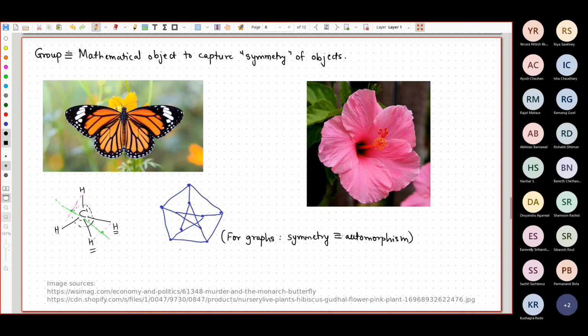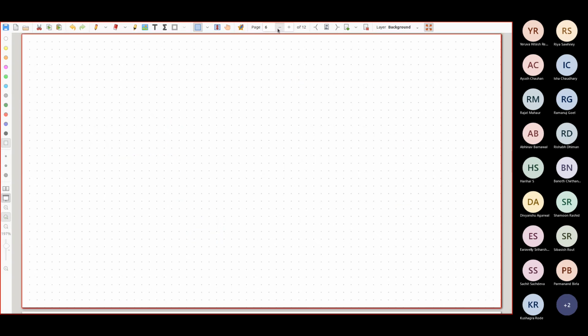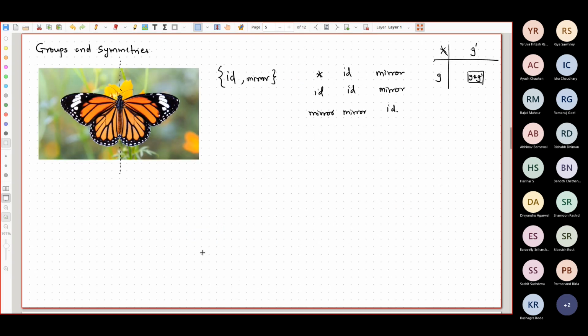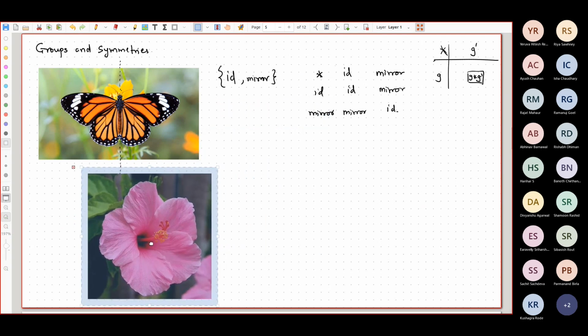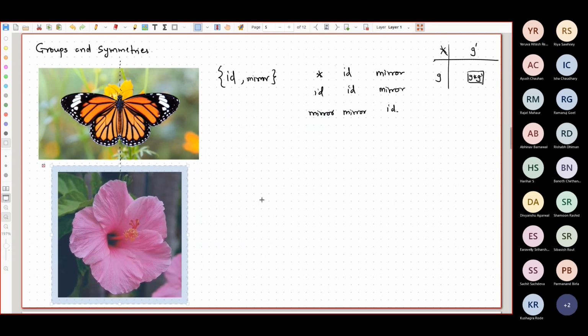Yeah, Divyanshu? Sir, I was a bit confused in the previous example you showed. Can you tell me what is the set and what is the operation in the group? In case of the butterfly? Yes, sir. Yeah, so the set is of 2 elements. What you call those 2 elements is really not important.